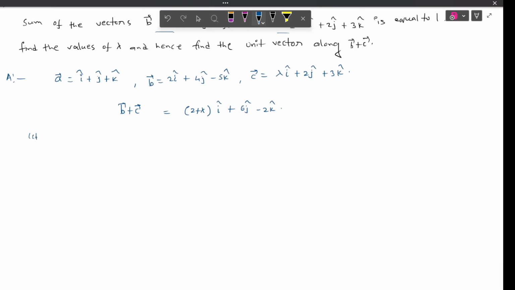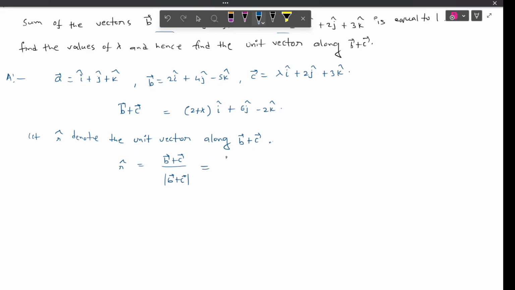So let r cap denote the unit vector along b plus c. So we can say unit vector along b plus c is that vector divided by modulus of that vector. This is unit vector, right?